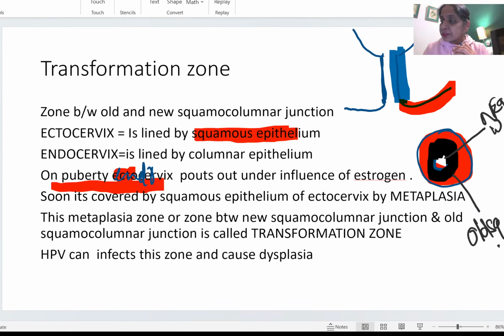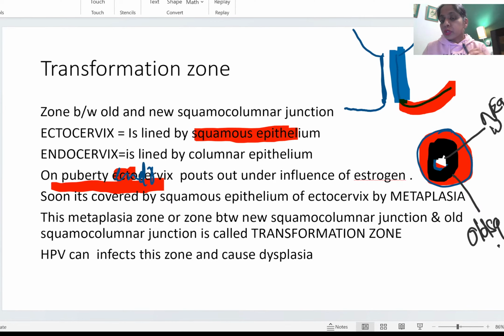Because this transformation zone contains the metaplastic epithelium, when during intercourse from the male partner the HPV lodges here, then at this metaplasia zone, this HPV causes CA transformation.